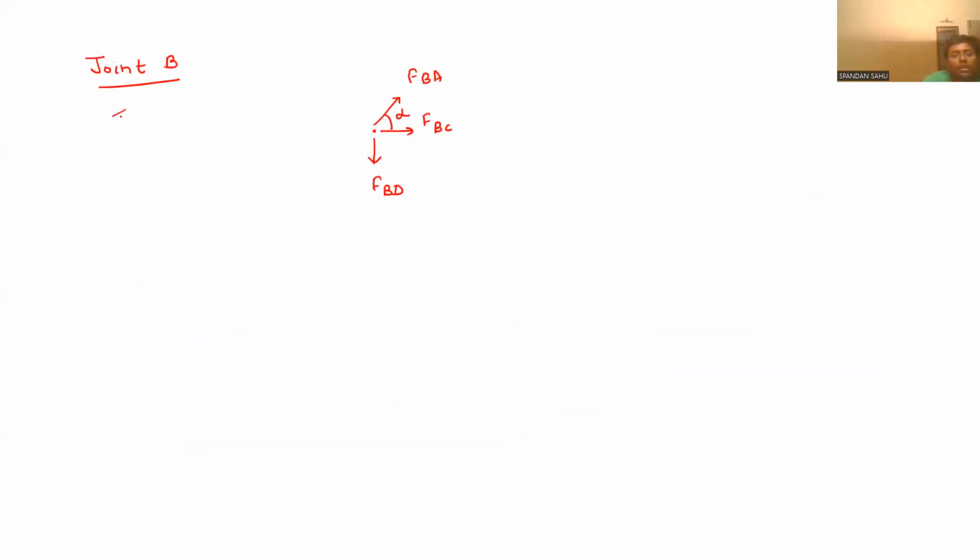Now, same thing: summation of Fx equal to 0 and summation of Fy equal to 0. I am directly writing, we will get FBC equal to minus FAB cos alpha, so this value will be 30 kilonewton.